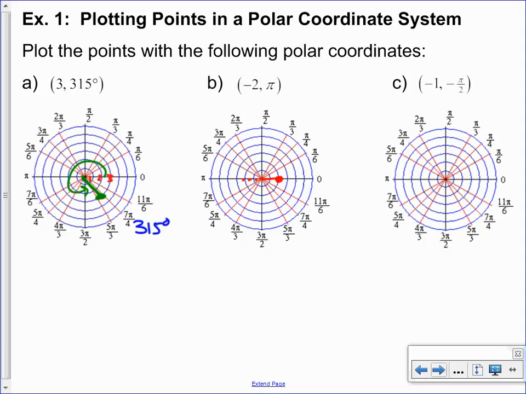It's actually over here, because the negative makes it go to the opposite side. Makes sense? Okay. (-1, -pi over 2). Where's -pi over 2? Yeah, this is -pi over 2. So if the radius is -1, we go down, and then flip it. So that point right there is (-1, -pi over 2), because you would flip it, go down, and then back up.